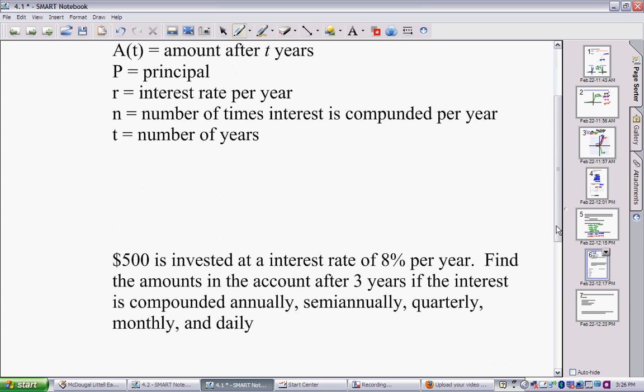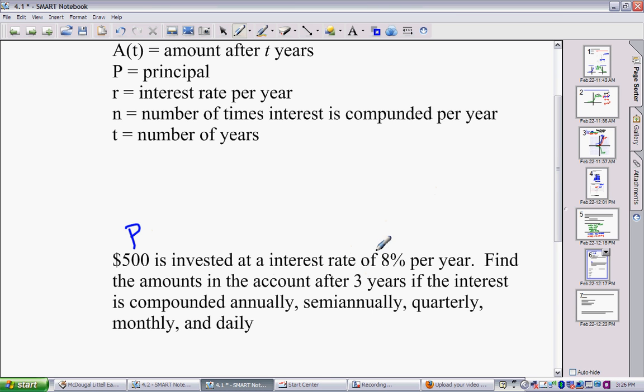So if we have $500 invested at an interest rate of 8% per year, find the amount in the account after 3 years if the interest is compounded annually, semi-annually, quarterly, monthly, and daily. So let's identify what they gave us. The $500, that's the initial amount. So that's your principal.